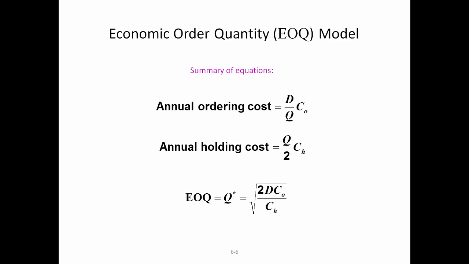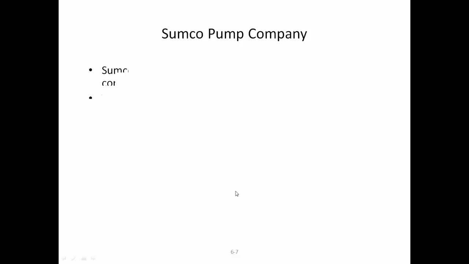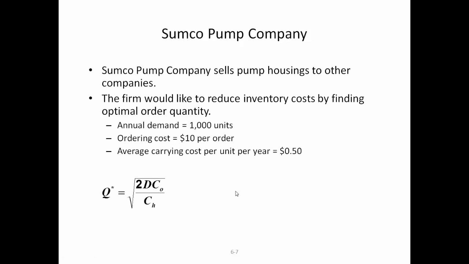So here's a summary of the equations. And using these two equations, we come up with the economic order quantity. Now, here's an example. Give me the information, and I will put the information into my puzzle box, as we call it, and I will find the information that I'm looking for.